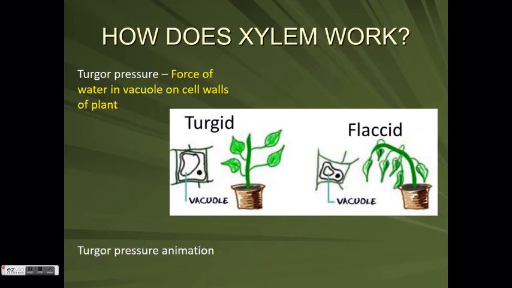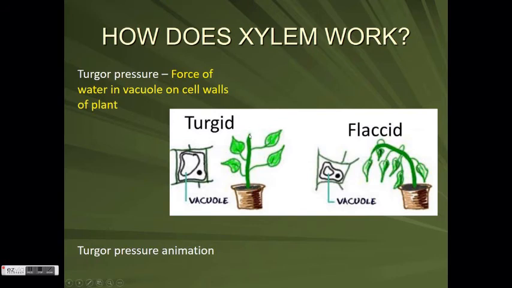Here we have the cell wall of a plant, and the cell membrane is in black, and this vacuole is filled with water. And when it's filled with water, it pushes up against the sides of the cell wall, creating a situation where that cell is very tough. It's turgid. And as a result, this plant is able to be upright.